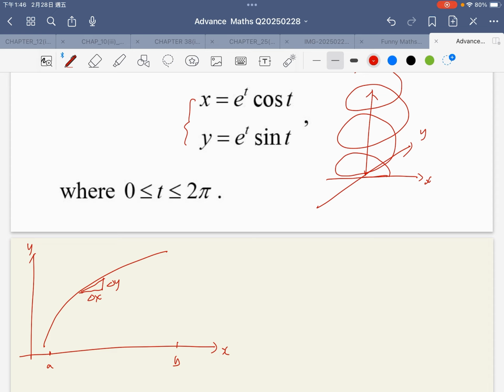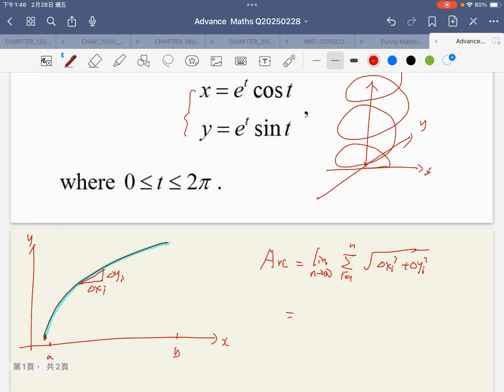Therefore, the arc length from A to B is equal to the limit as n tends to infinity of the summation of the square root of delta xi squared plus delta yi squared, i from 1 to n.